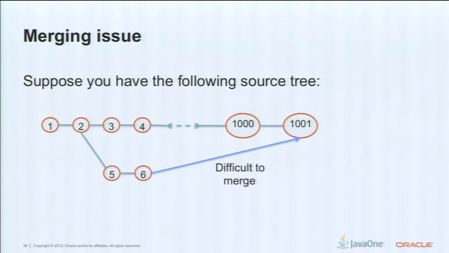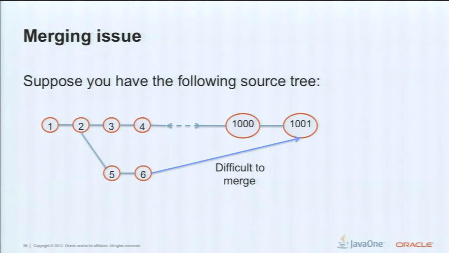For example, you may have a situation where sometimes it's quite difficult to merge change sets if you have a complicated source tree of change sets. For example, a developer wanted to do some changes at the beginning of the source tree. So developers created several different branches starting from change set number 2, as shown on this slide. So they created change set number 5 and change set number 6. But later developers built a really huge source tree.